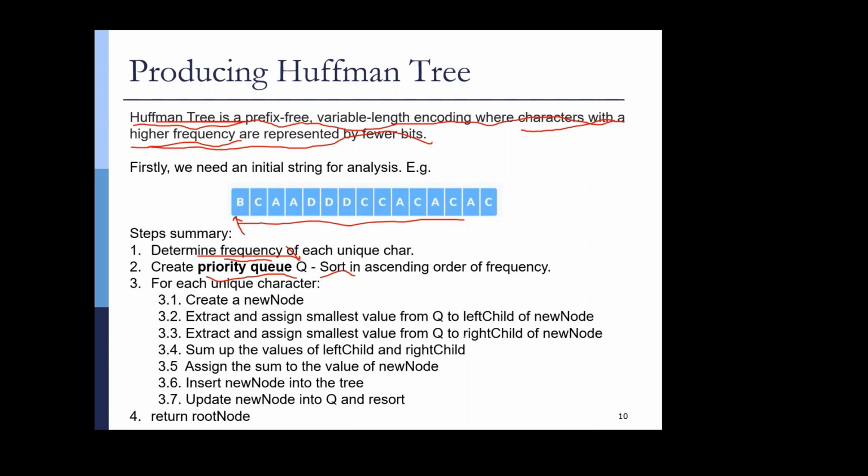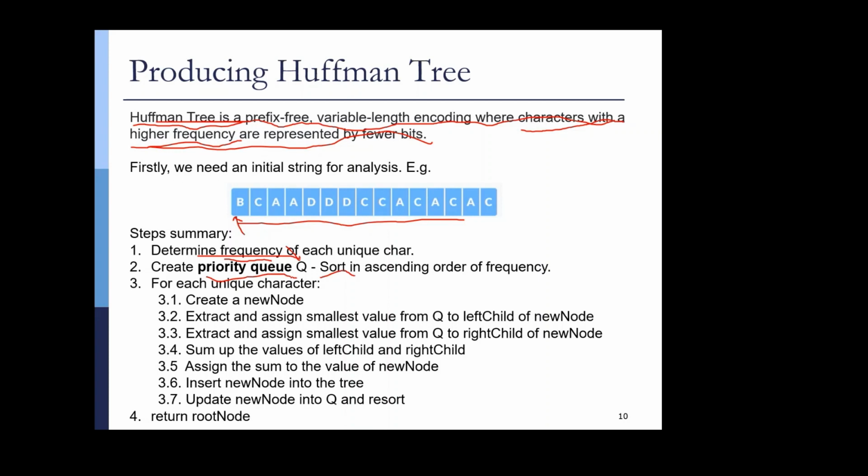Then you sum up the left node and right node to get the value of the new node. Then you insert the new node into the tree, update the new node frequency into the priority queue, and resort again. Keep doing this until all the characters in the priority queue are done. Easy, right? Okay, not easy.